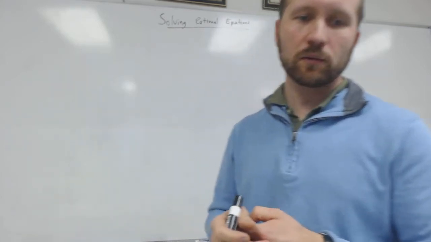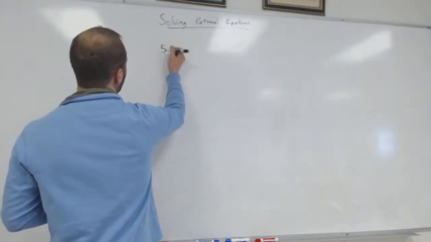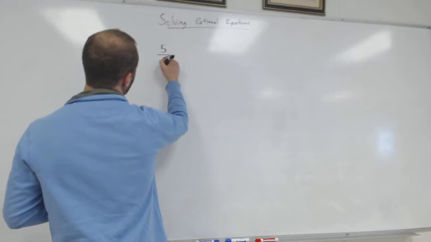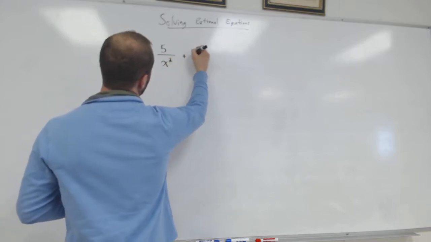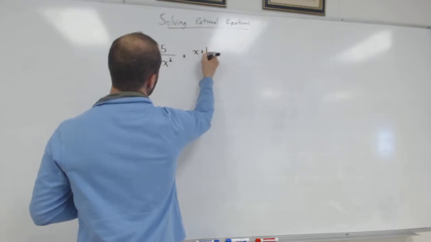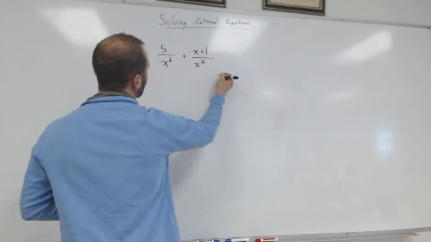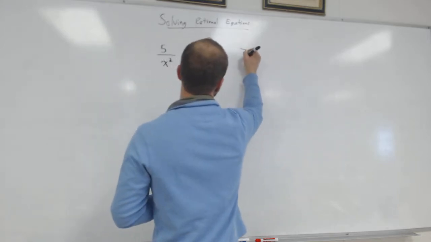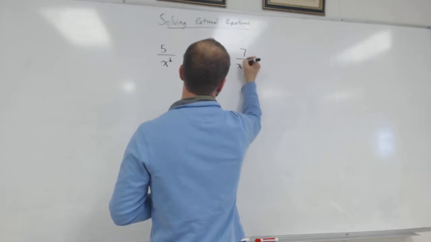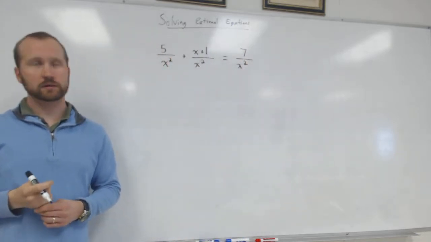So we look at something like this: 5 over x squared plus x plus 1 over x squared equals 7. This is a pretty simple example.